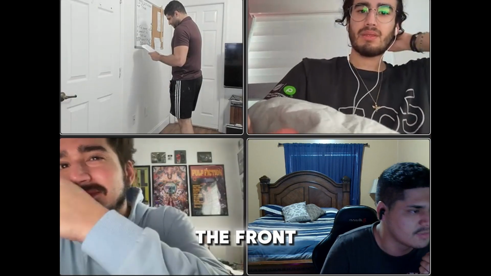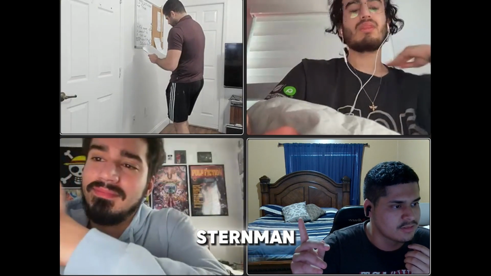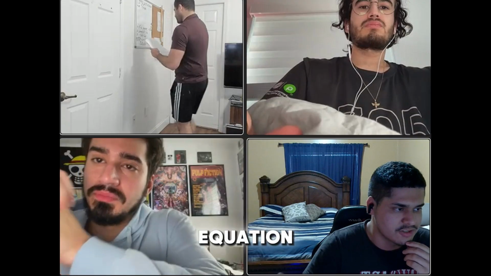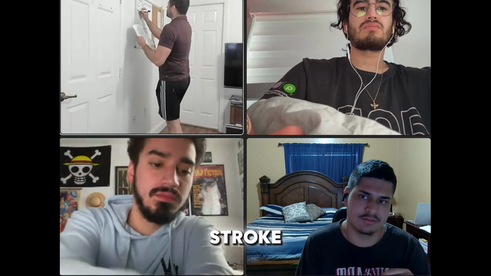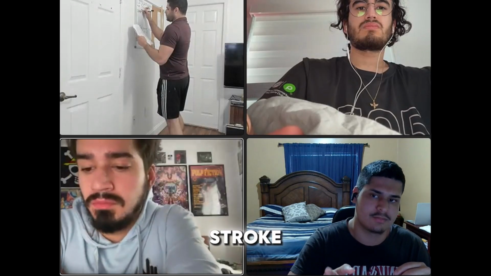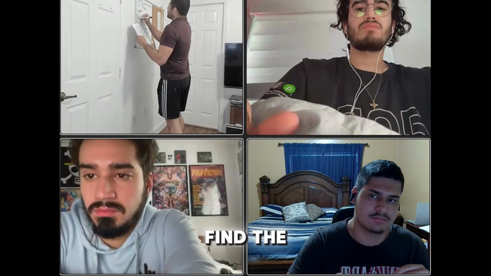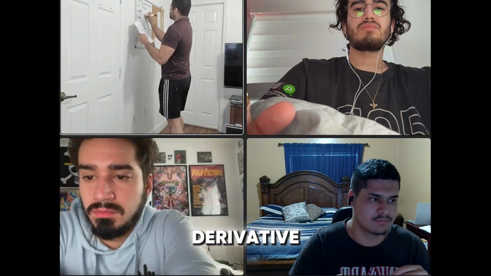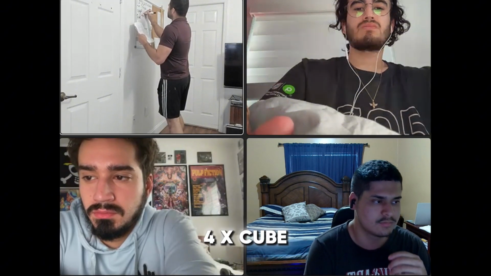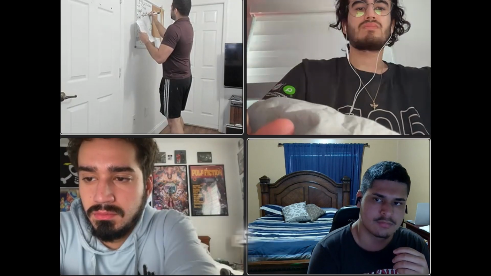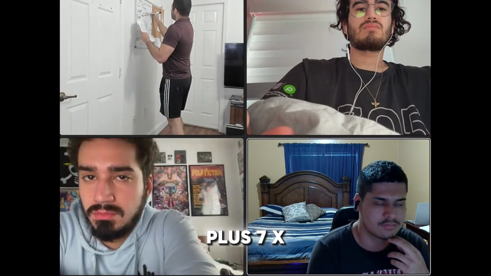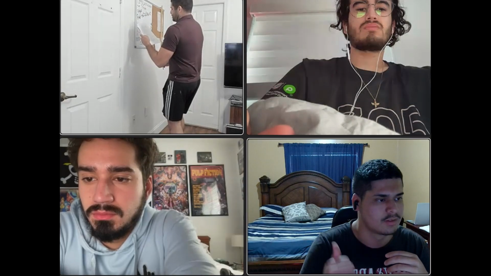At the front, the professor, a stern man, writes a calculus equation across the right board. Find the derivative of 4x cubed minus 2x squared plus 7x minus 5.